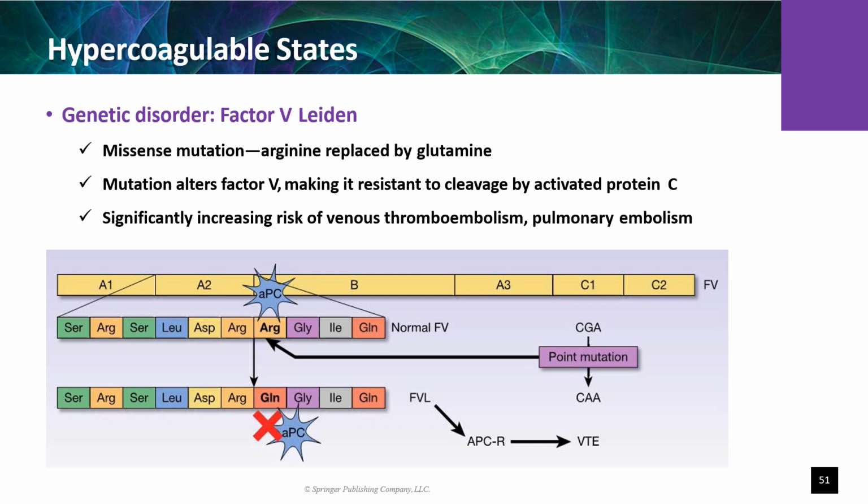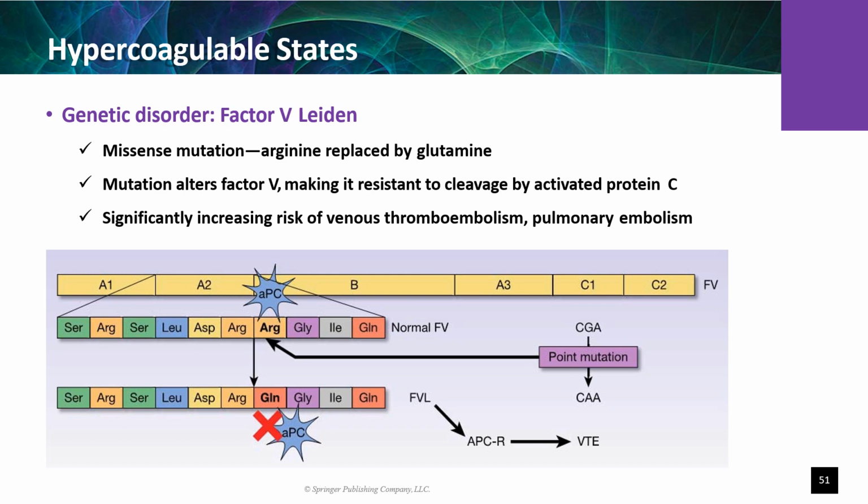Factor V Leiden results from an autosomal dominant mutation of the human F5 gene with incomplete penetrance. FVL mostly affects ethnic Caucasian Europeans, with an estimated 3.2% to 6% prevalence in the United States.